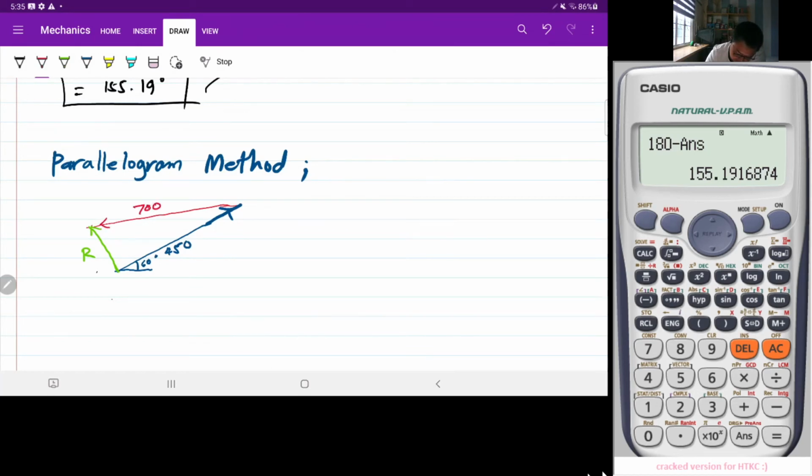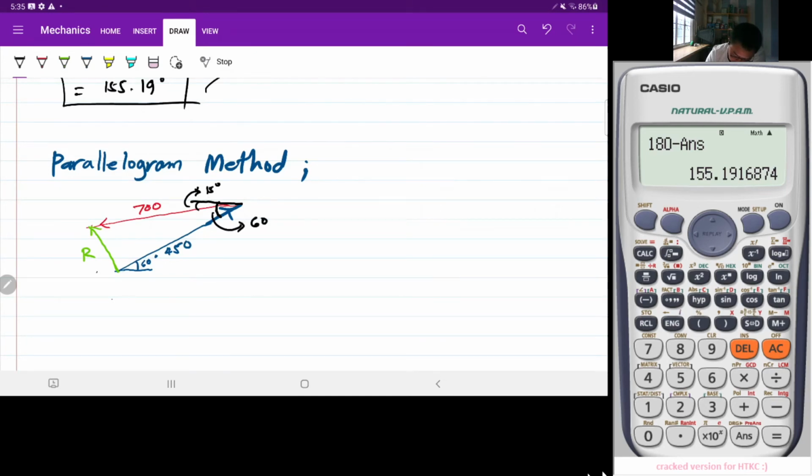This is 700. Okay, so we all know that this 700 is 15 degrees with respect to horizontal. So that is 15 degrees, no? And we all know also that from horizontal, this 450 is equal to what? Is equal to 60, no?